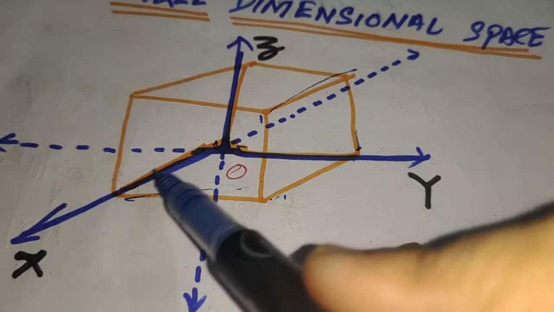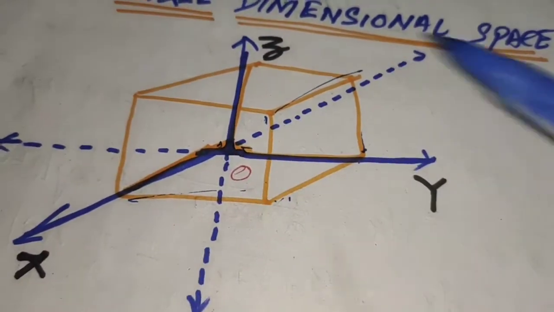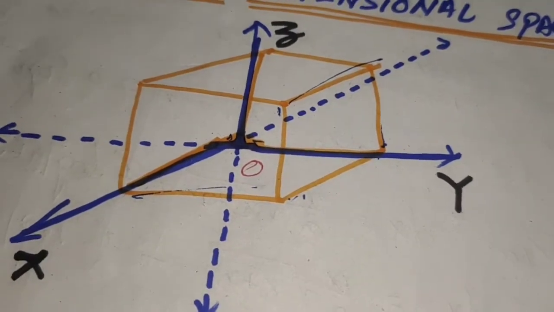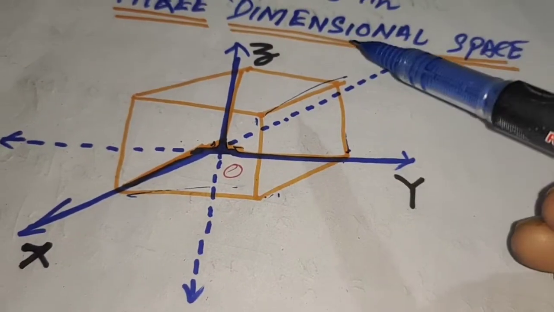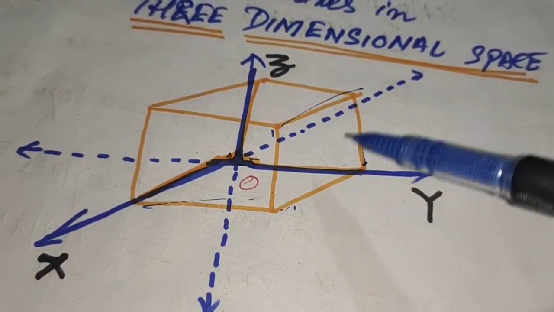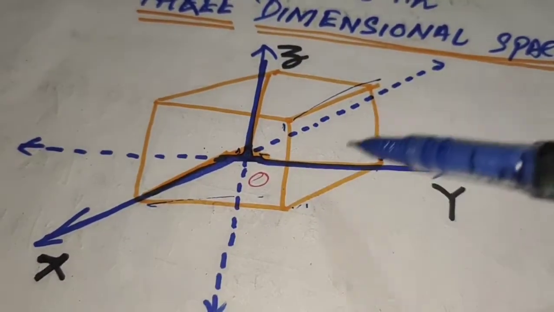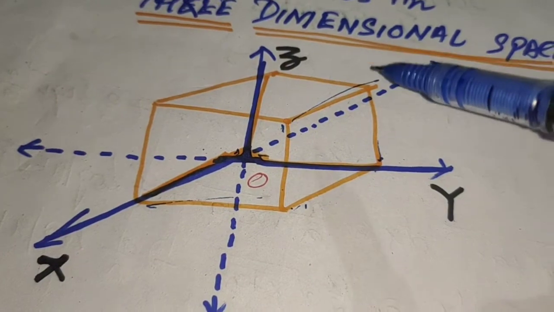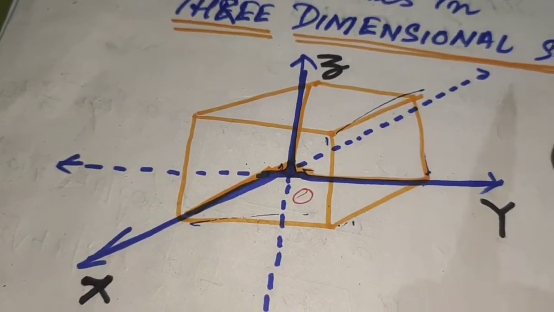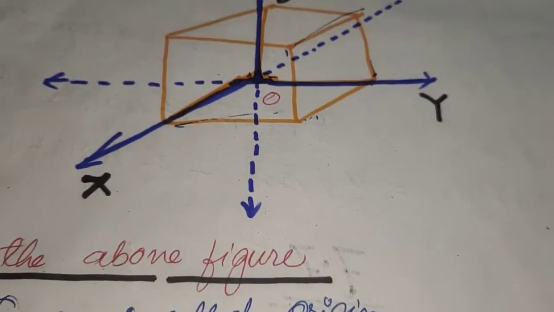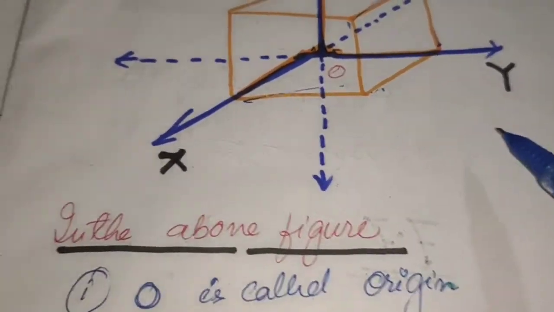Another axis which represents the breadth or the width of the cuboid is represented by the x-axis. So these are the 3 axes, and these 3 axes intersect each other in such a way that they form 8 parts, and each part is known as an octant.